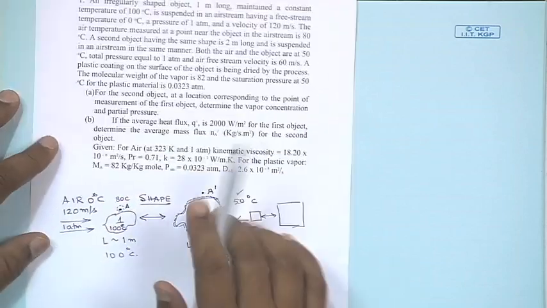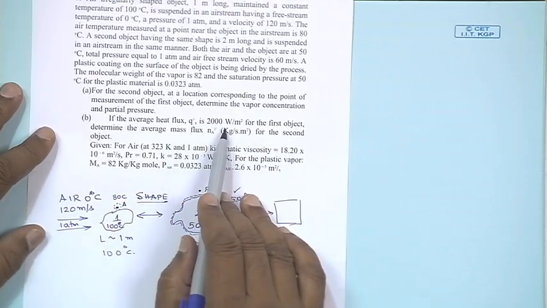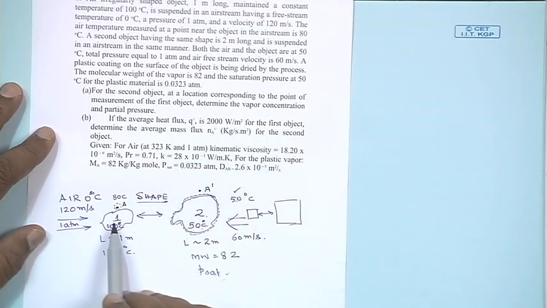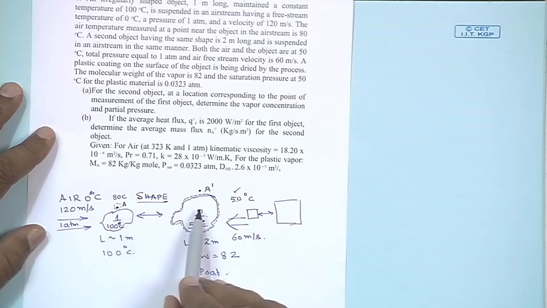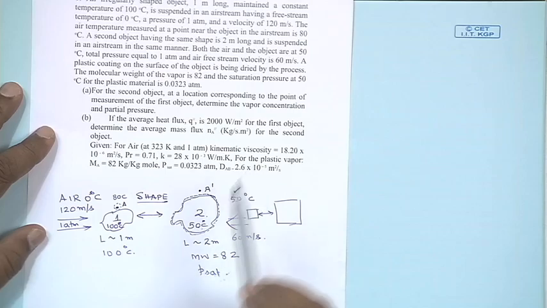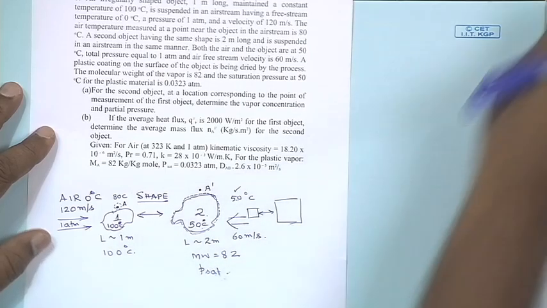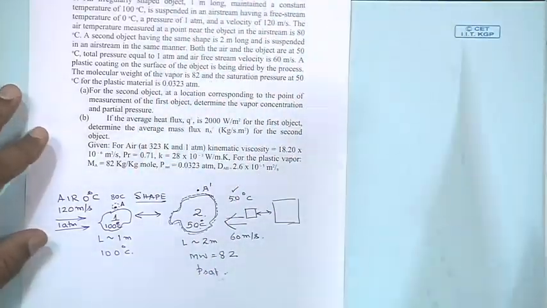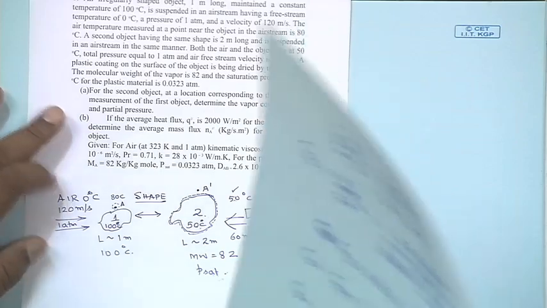The second part of the problem, part B, tells you that if the average heat flux is 2000 watt per meter square for the first object, what is the average mass flux for the second object. So, we have already calculated the vapor concentration over here. Now, sorry, we also have to calculate the partial pressure.